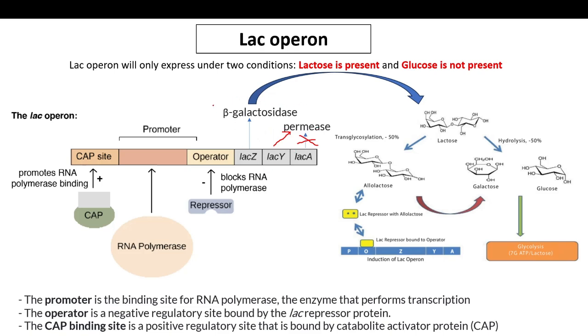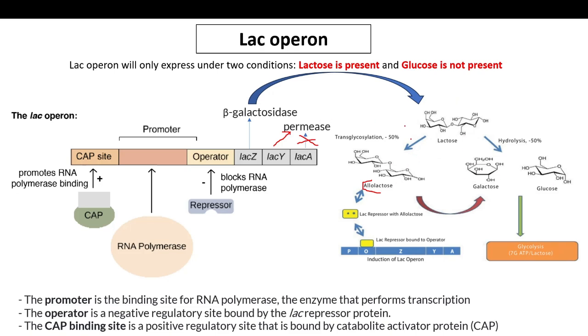So what is the function of beta-galactosidase? It is known to act on lactose when present. If lactose is present, 50% of the lactose will be transglycosylated by beta-galactosidase into its isoform, allolactose, and 50% of lactose will be hydrolyzed by beta-galactosidase into galactose and glucose.